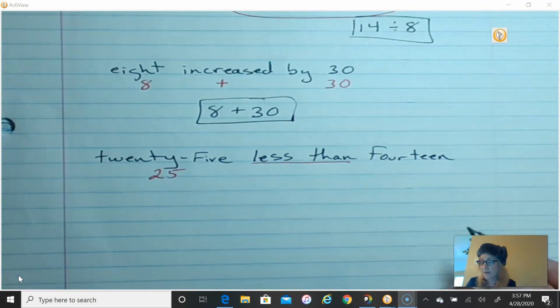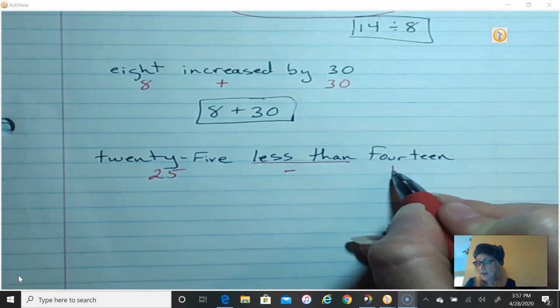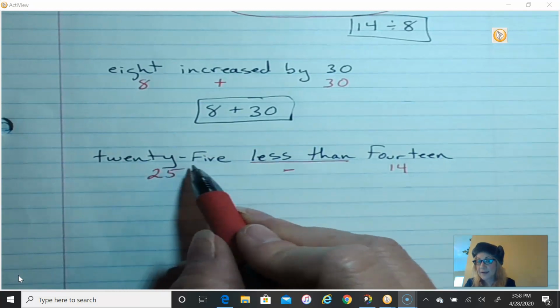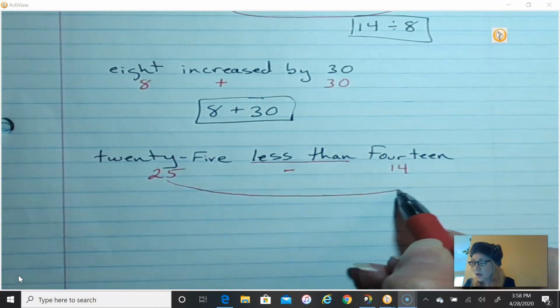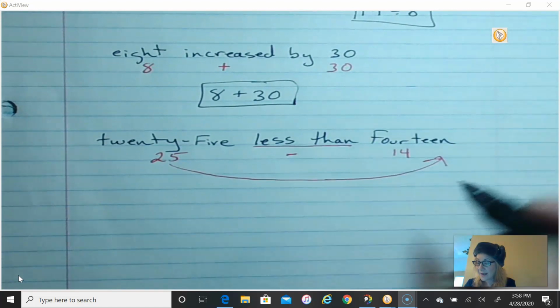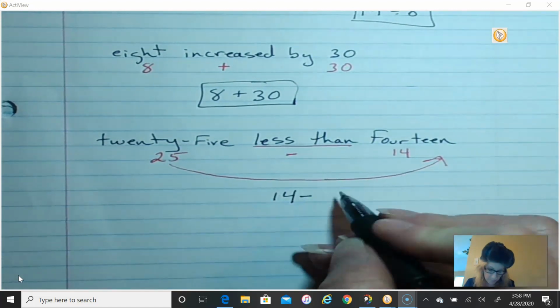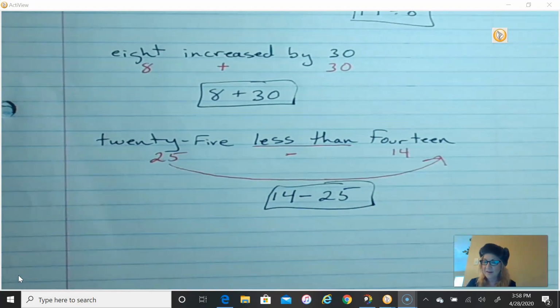Less than, that's subtraction. 14. But if you remember the rule, whatever is written immediately before those red flag words goes at the end. So in this case, instead of 25 minus 14, it's 14 minus 25. Does that make a little bit more sense?